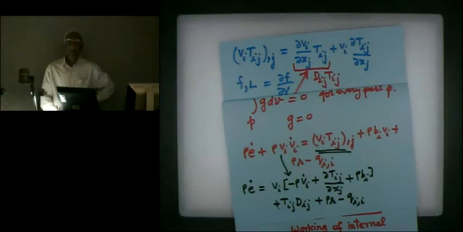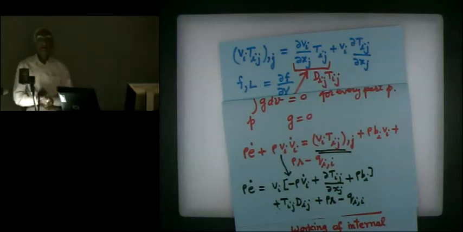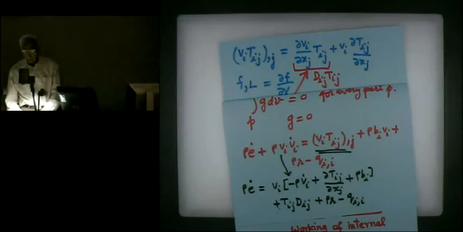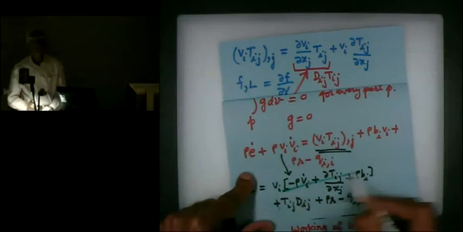We are almost done. Now, who will tell me what is the term in this brackets? Very good, it's 0. Why? Balance of linear momentum. The balance of linear momentum requires that this term must be 0.